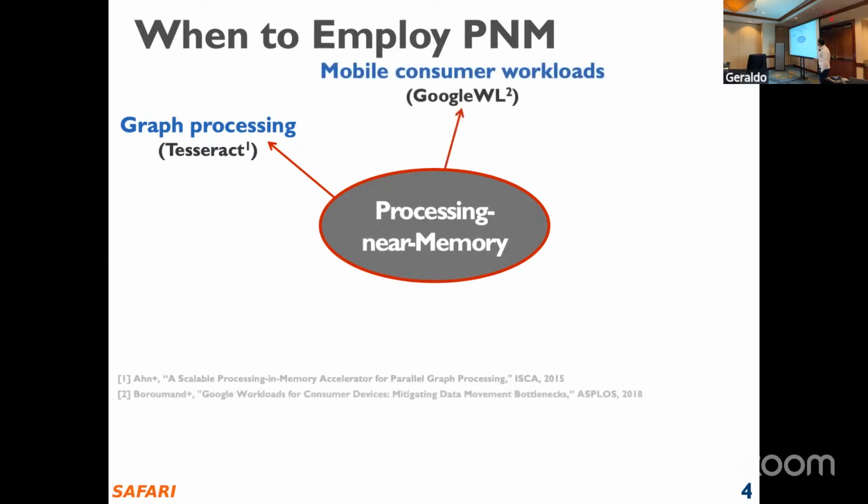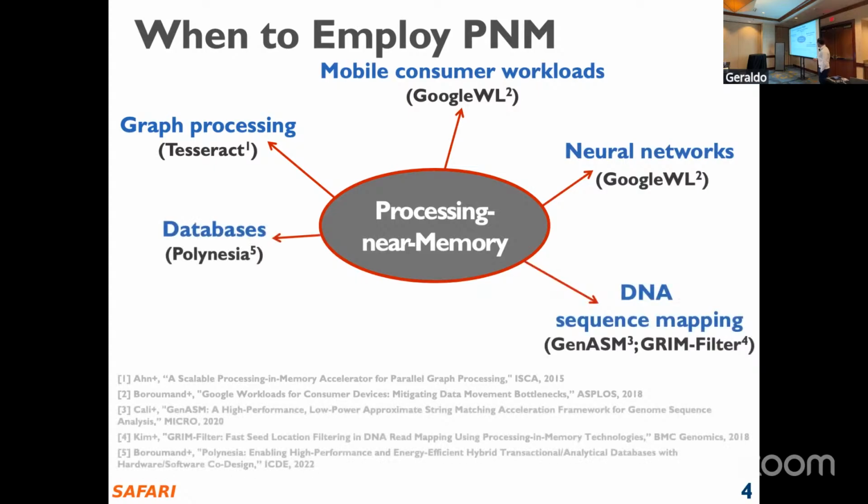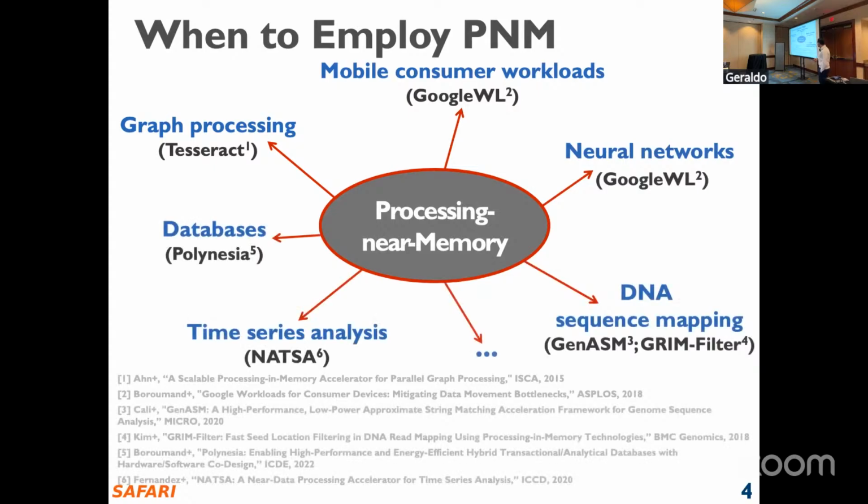In graph processing applications, in consumer workloads, in neural networks, DNA sequence mapping, databases, time series analysis, and so on and so forth. So the list is quite extensive. I'm going to show later on a benchmark suite that we put together of applications from more than 70 domains that collects those types of data-intensive applications that can benefit from processing near memory architectures.